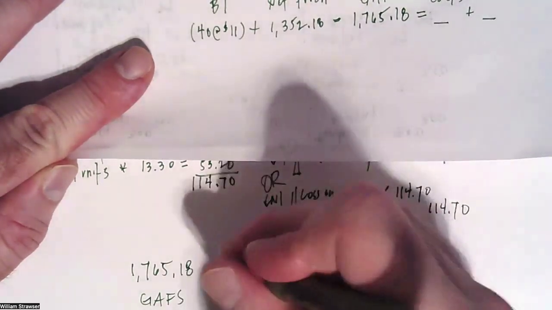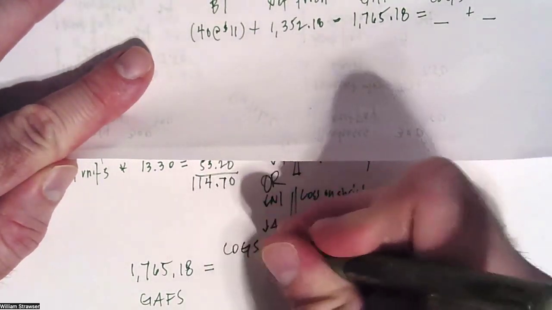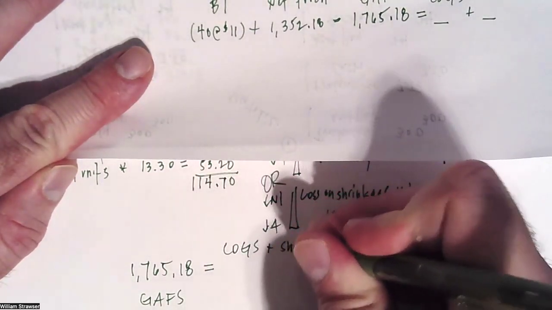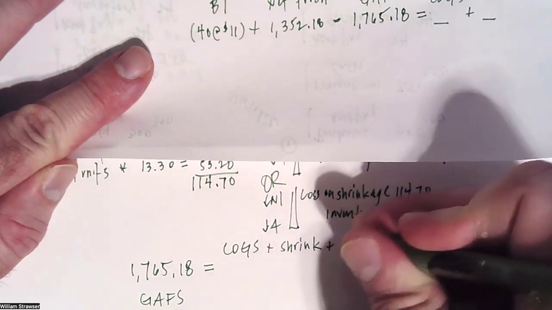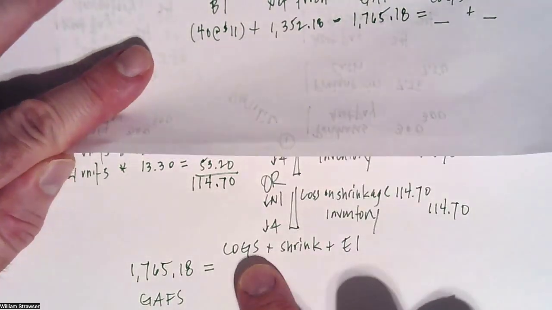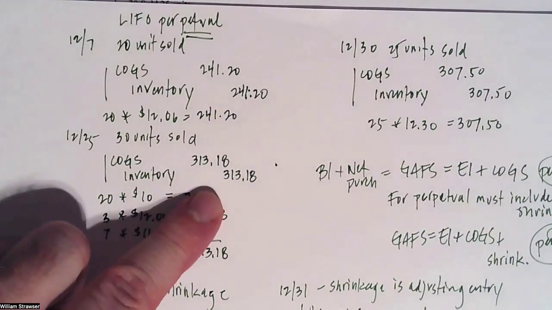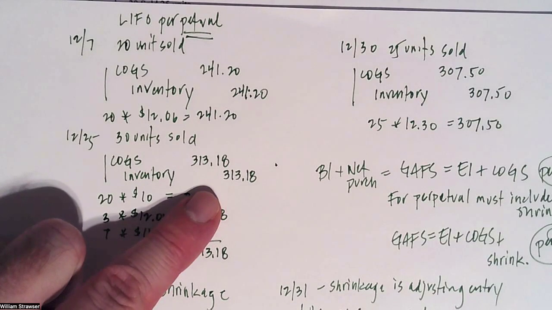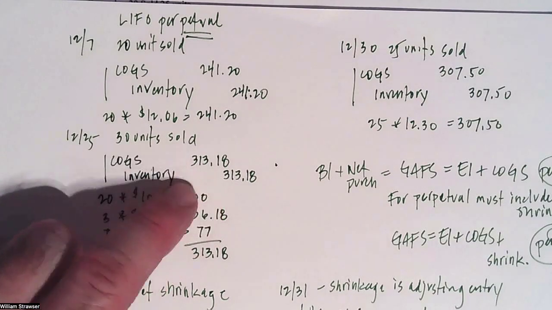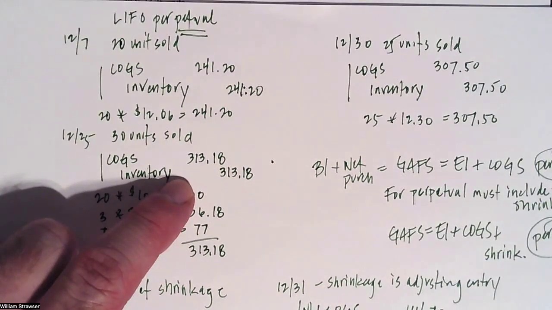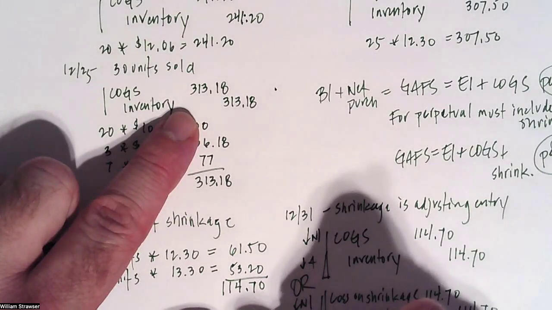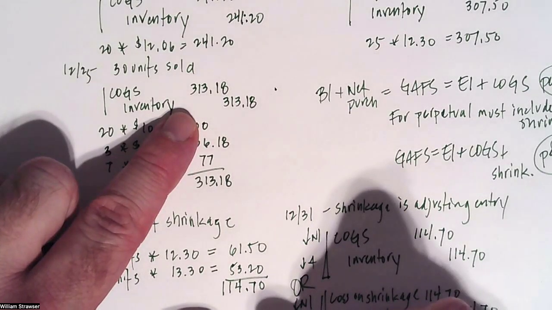And that's going to equal my COGS plus my shrinkage plus my ending inventory. So my cost of goods sold is going to be all of my cost of goods sold entries, 241.20 plus 313.18 plus 307.50. So my total cost of goods sold is 861.88.